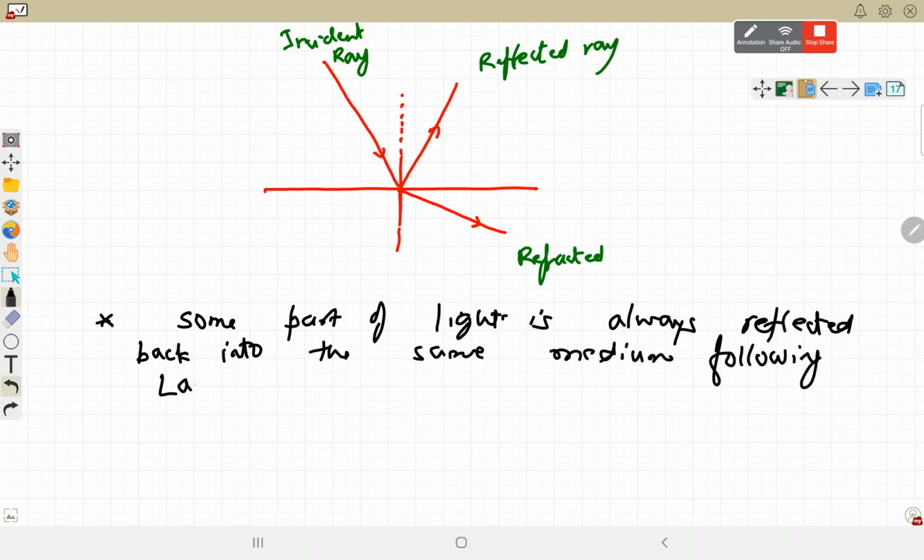After following the laws of reflection, only the remaining light will be transmitted or refracted.